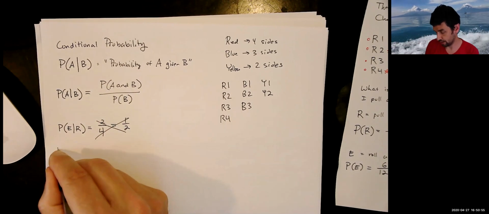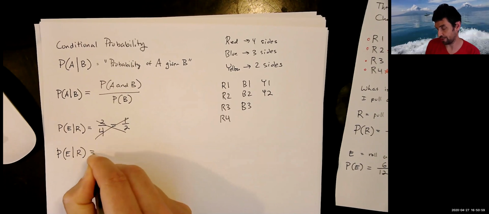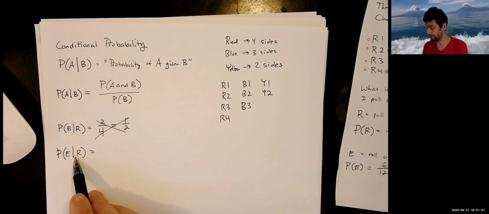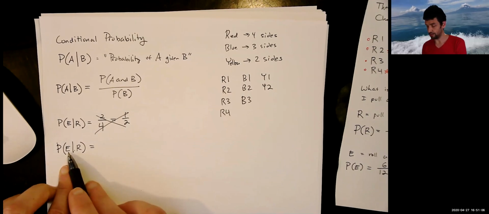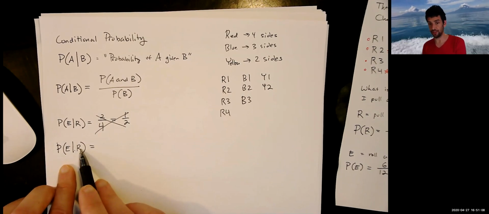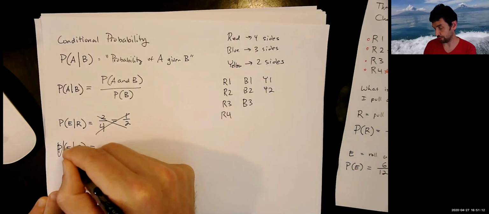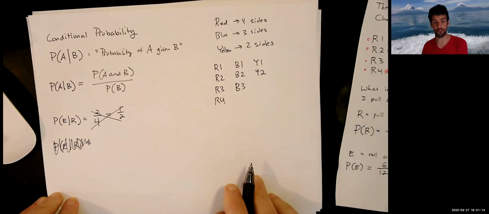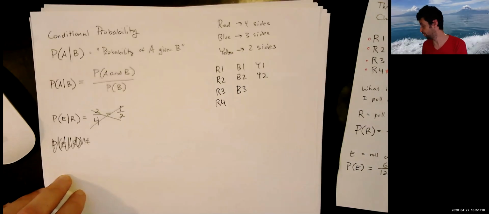So now, let's try to do this E given R. So now, what's the probability of rolling an even number given that I pulled the red die? Actually, let's do the probability of E first. Let's do a couple of things first before we get to that, and then we'll see where this is all heading.